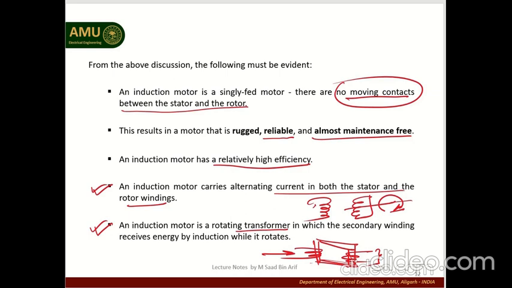So till now we have a brief idea about the induction motor. That is, induction motor lies in the category of AC motors. In the category of AC motors, we have three types of motors: induction motor, synchronous motor, and special motor.